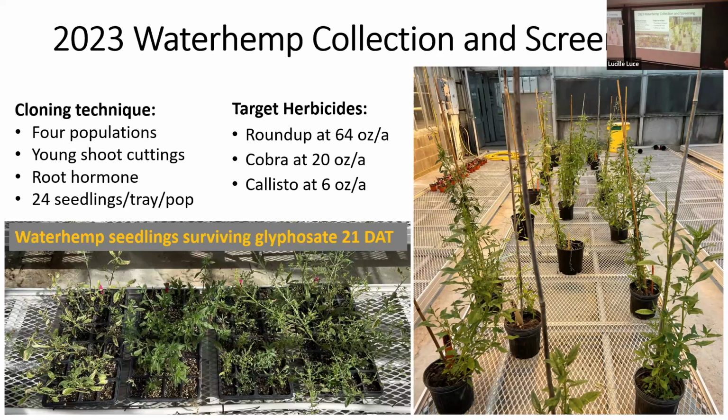What we found was that four of those waterhemp populations survived glyphosate 21 days after treatment, and they even produced seeds. We collected seeds out of those plants later in the fall last year.